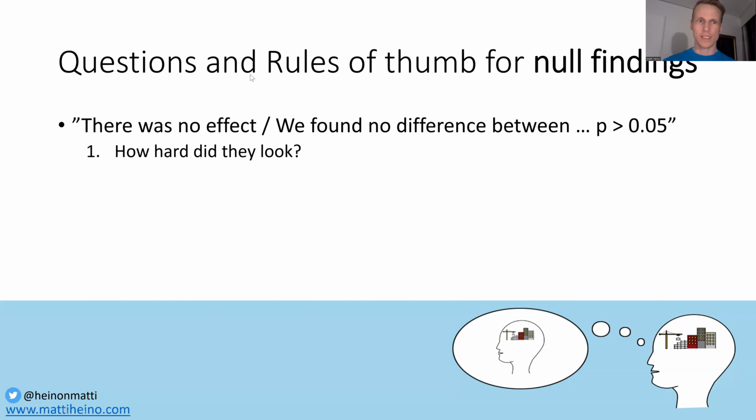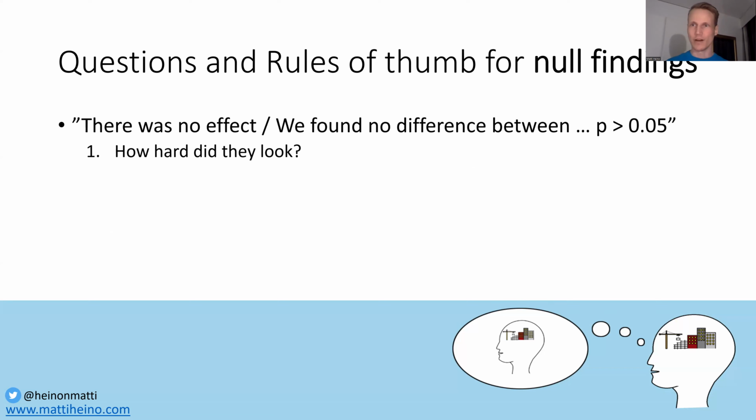First of all, if they say that there was no effect, or we found no difference between these groups, and they say that there is a high p-value to prove this, the first thing you should ask is, how hard did they actually look?